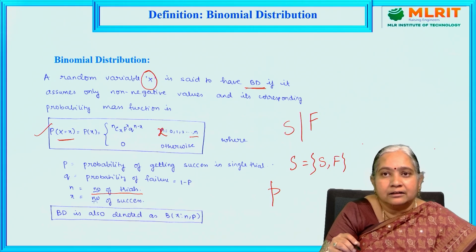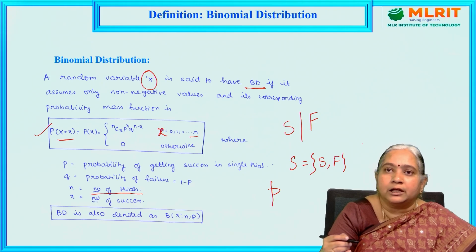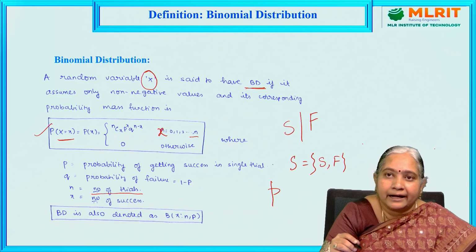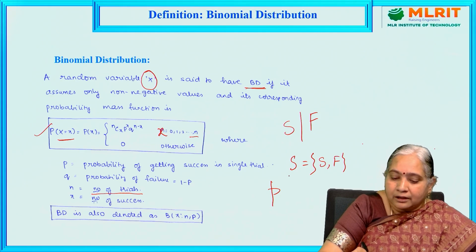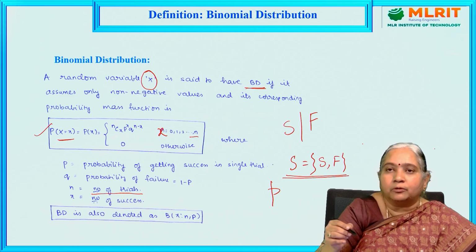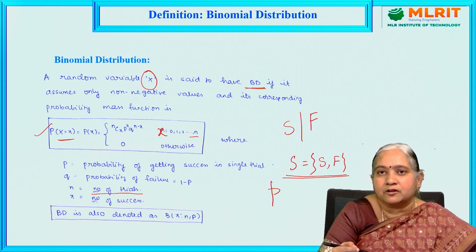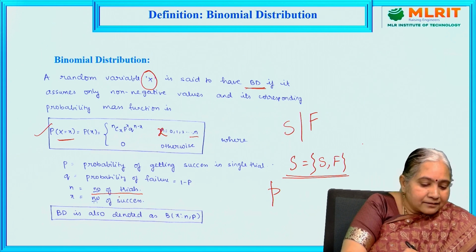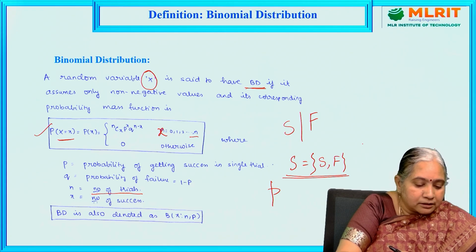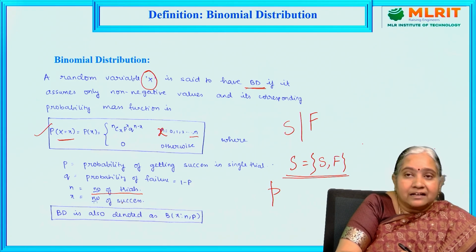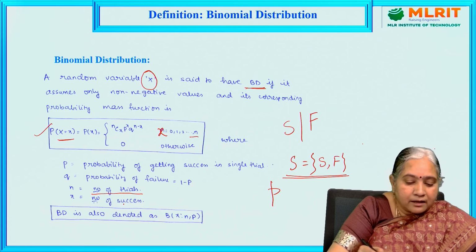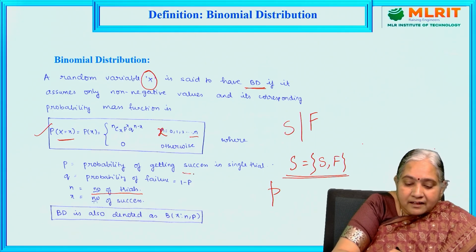If tail occurred, that is a failure. So only head occurring is the success event and the remaining are all failure events. That's why binomial distribution contains only two outcomes, either success or failure, depending on the event defined. So here n is the number of times the random experiment is performed, x is the number of successes, and p is the probability of success in a single trial.